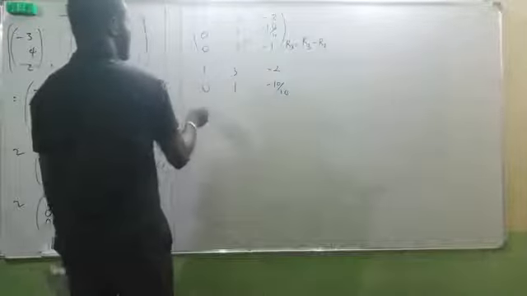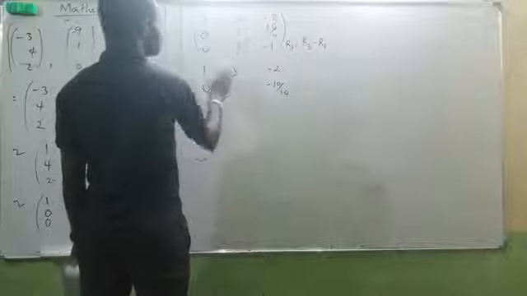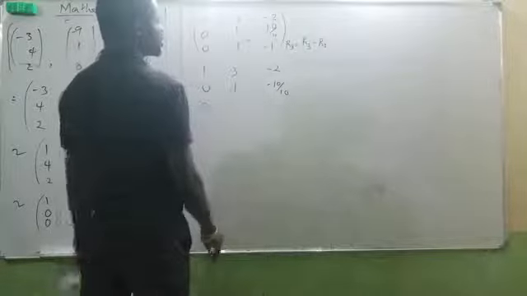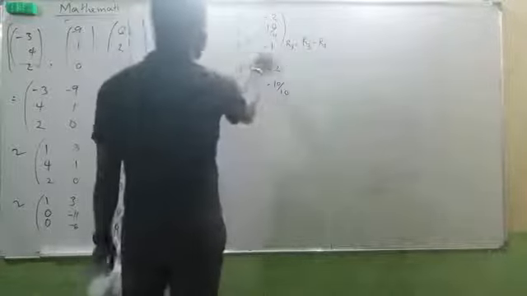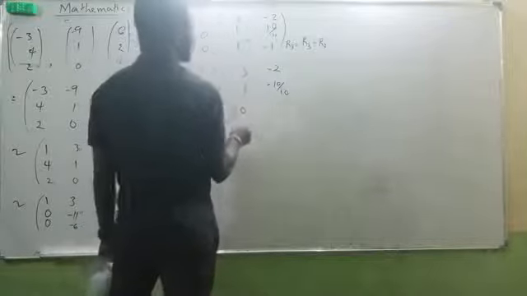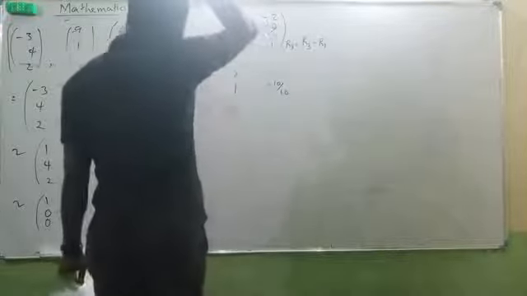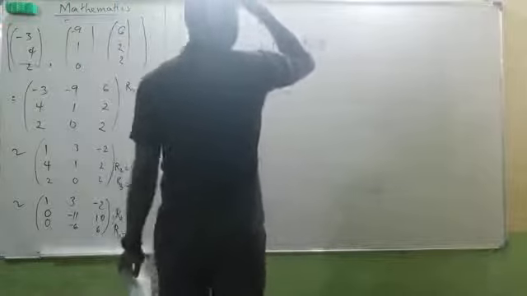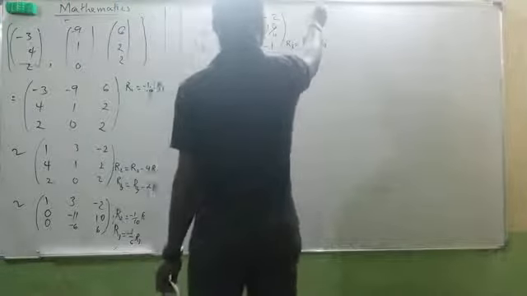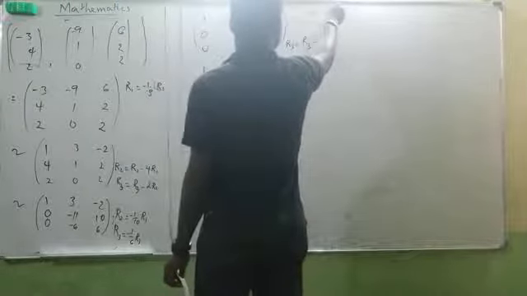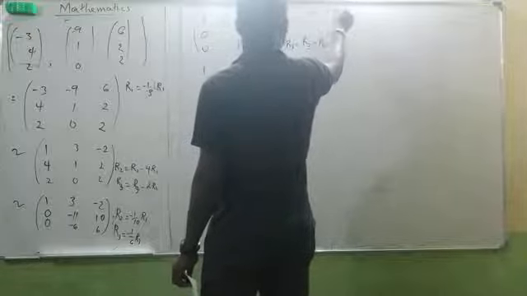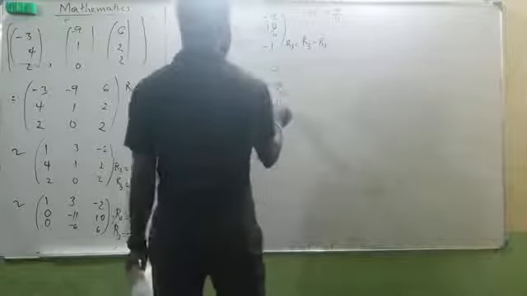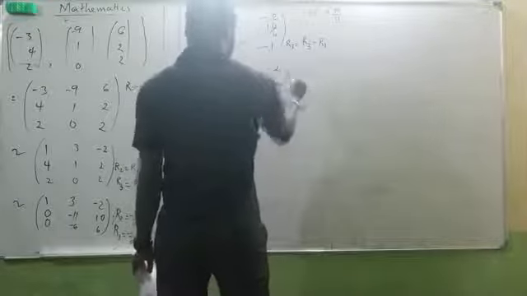Now, 0, which is going to be 0. This one will be R3 minus R2. It means I'm talking about -1 minus, which is plus 10, all over, which is going to be -1/10.